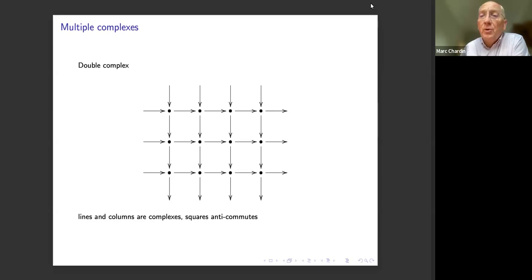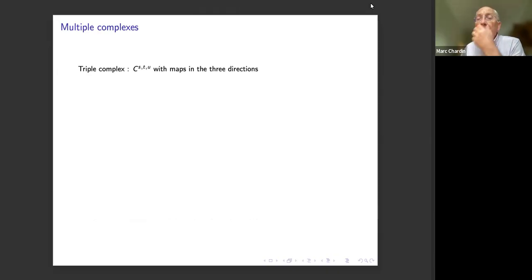A double complex, so everybody's used to double complexes, just means modules and arrows like this, where all lines are complexes, or columns are complexes, and squares anti-commute. There are two possible choices, anti-commute or commute. I prefer to take anti-commute for the construction, but I will explain how one can pass to the other. So a double complex is just something like that. And a multiple complex would be basically the same, but I will just explain for a triple complex what you do.